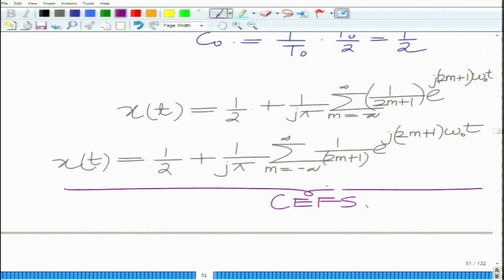This is the complex exponential Fourier series representation of the signal.